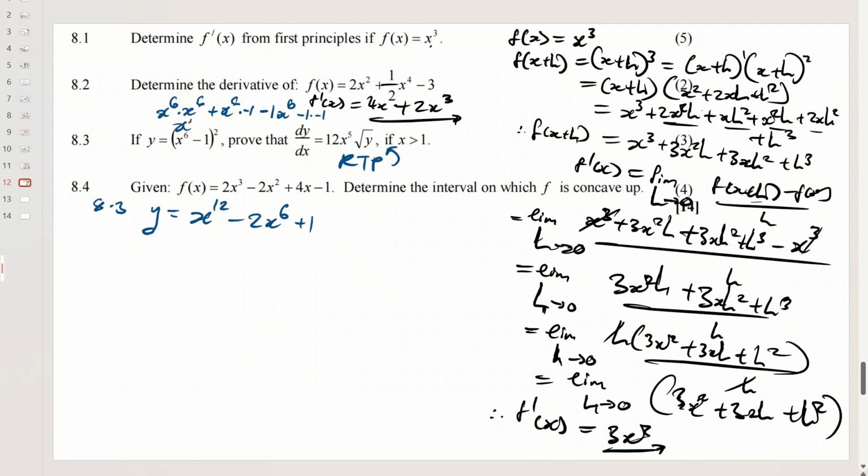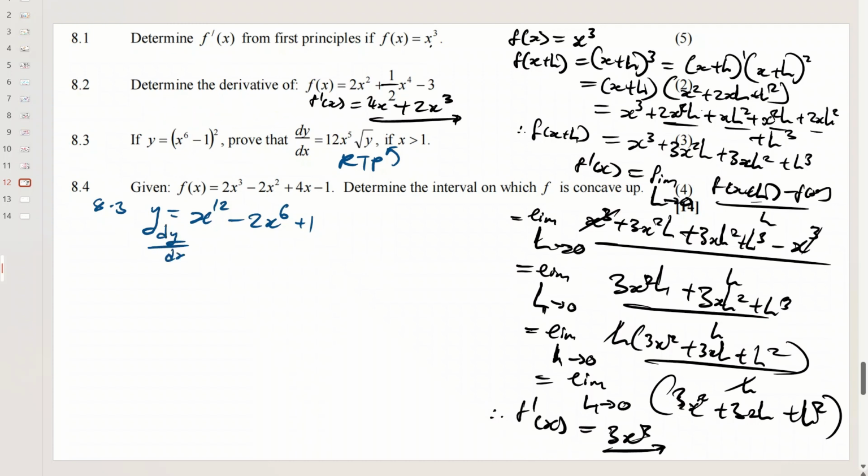This will give you x to the 12 using the power of the product. And then this will give you minus x to the 6, twice. That's why I always say, when you have 1, you can simply double it, right? So this is what you have.